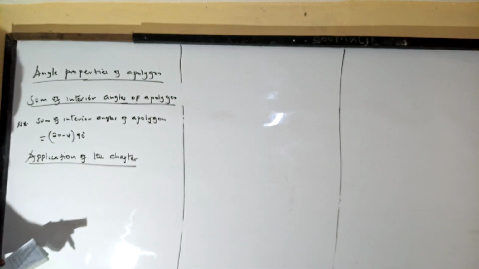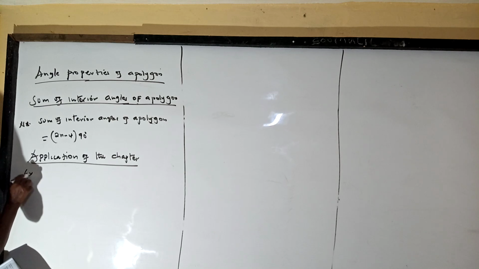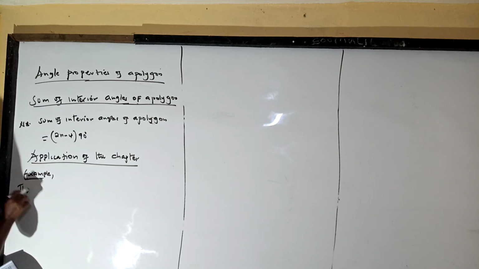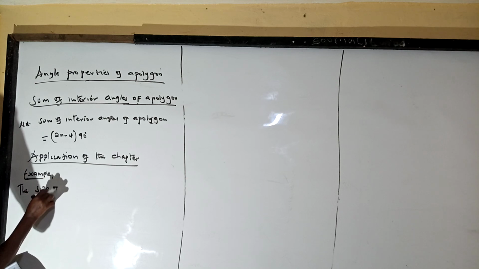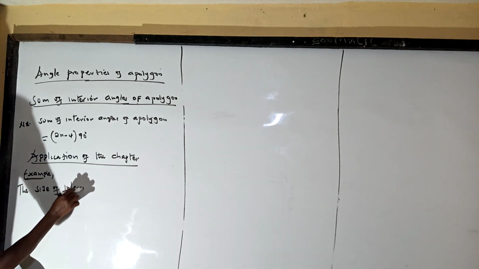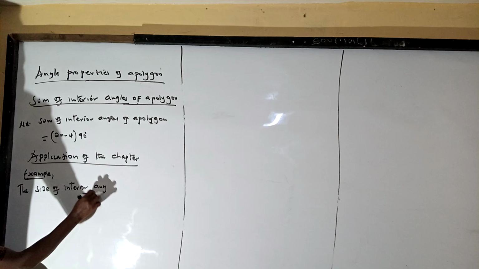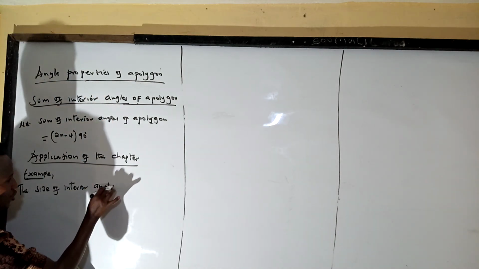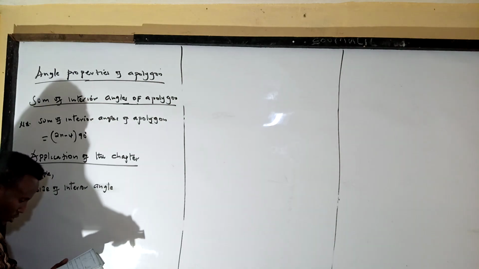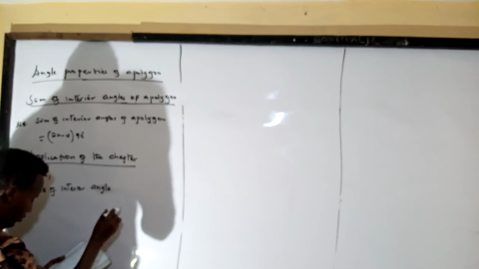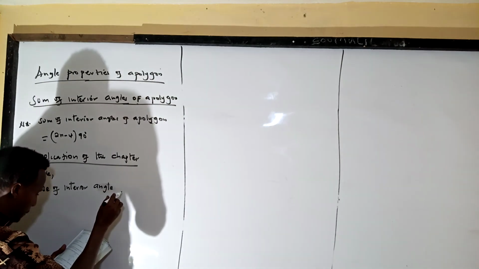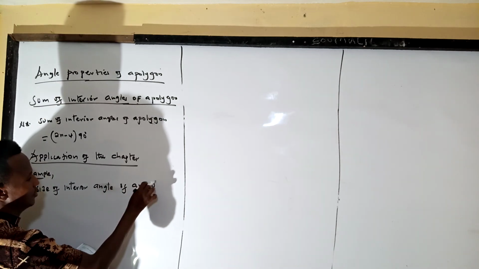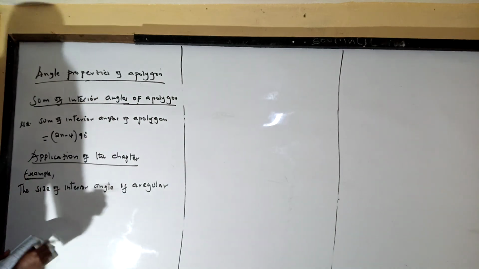Example 1. You are told the size of the interior angle of a regular polygon.